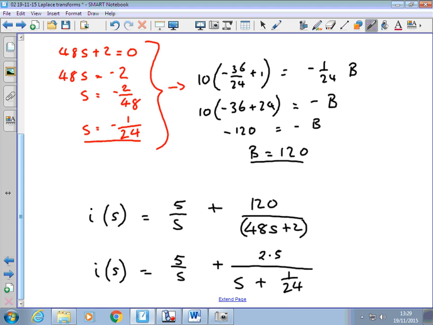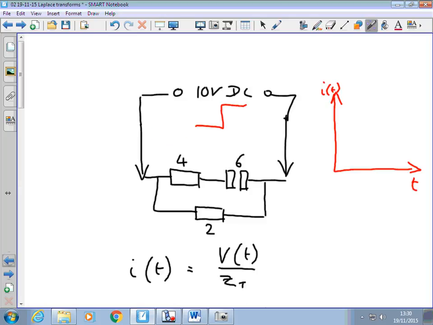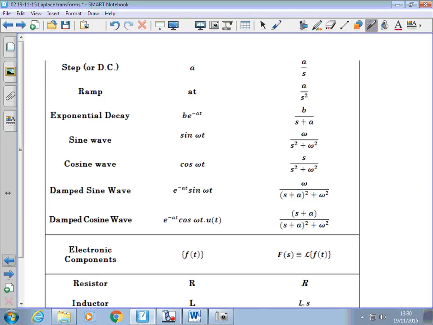So i(t) is 5 plus the next one. If we look at the transform, what have we got? We're looking at this one, which transforms to this.